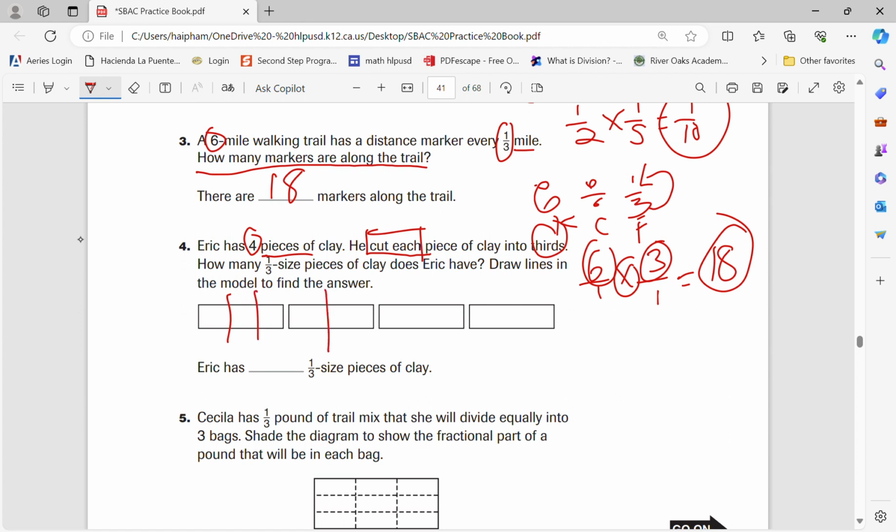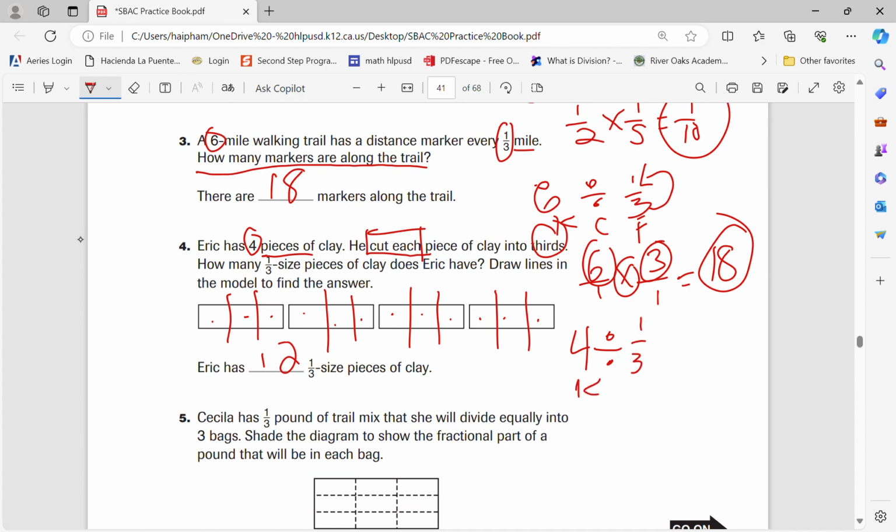1, 2. 1, 2. 1, 2. 1, 2. That results in 3, 6, 9, 12 pieces of clay. So Eric has 12 1/3 size pieces of clay. If you want to see the computation, this is going to be 4 divided by 1/3.